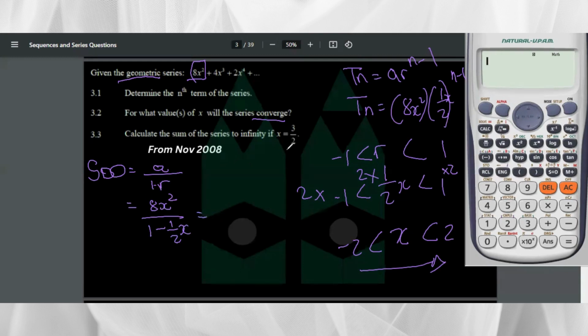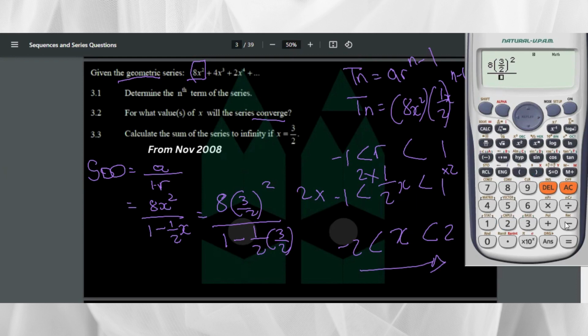Now let's replace. Because it says that if x is equal to 3 over 2, so that's going to be 8 into 3 over 2 squared over 1 minus 1 over 2 into 3 over 2. So then we can use our calculator there. If you use a calculator, we will have 8, open bracket, 3 over 2, close the bracket, to the power of 2.